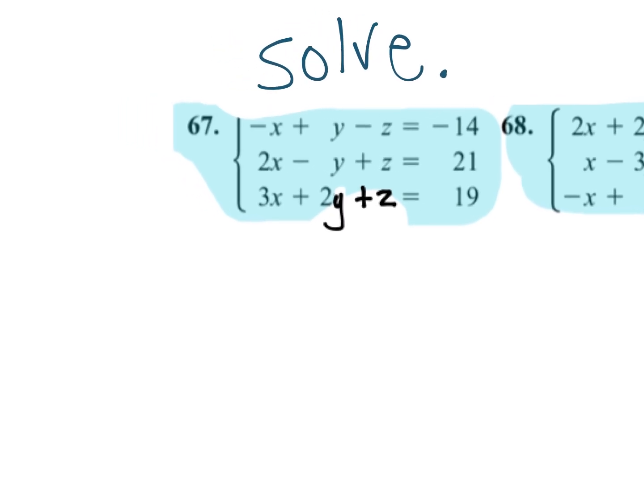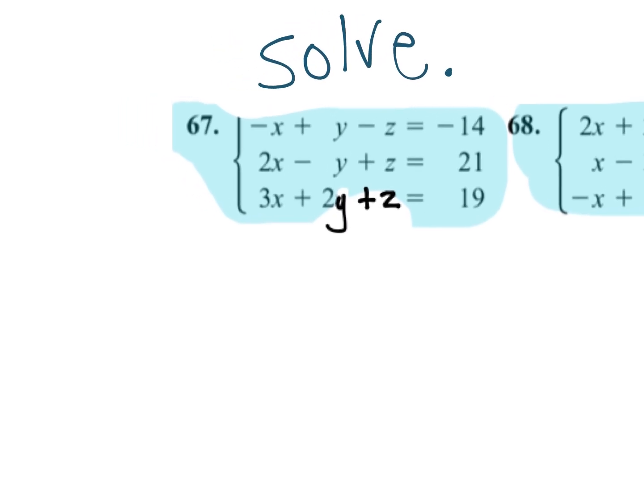So super similar to what we did yesterday with the notes in 7.3. We want to pick a variable and stick with that variable to eliminate. In 67, which variable do you think would be the easiest to pick? Santi, what do you think? The first one? The X's, the Y's, or the Z's?